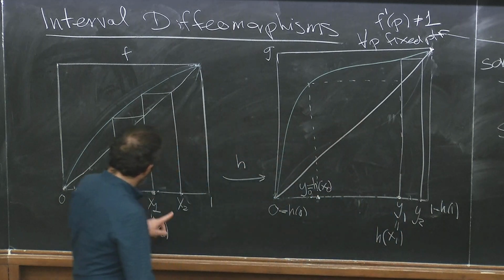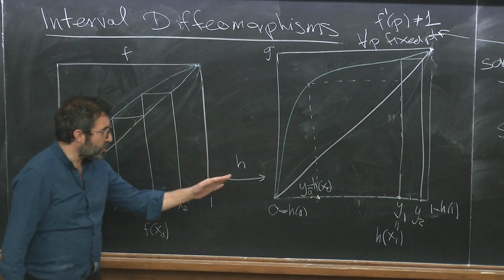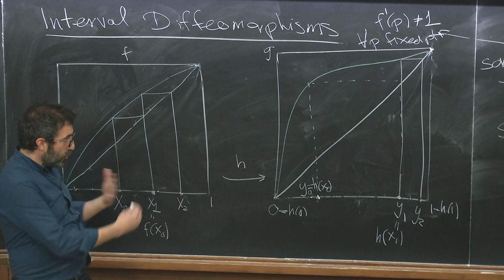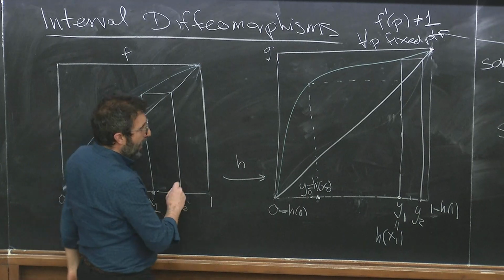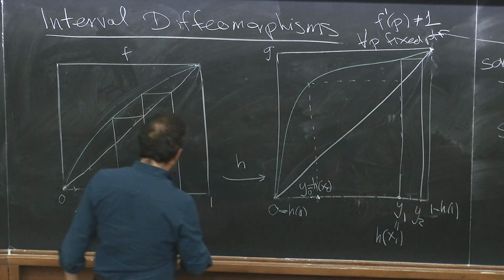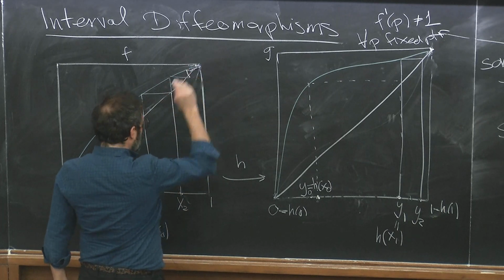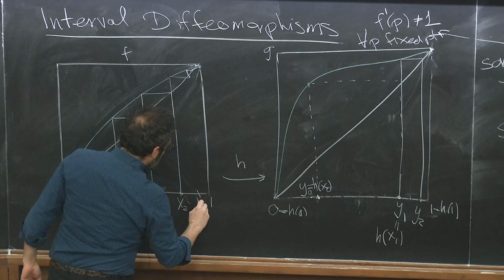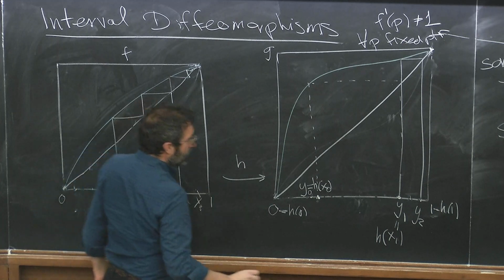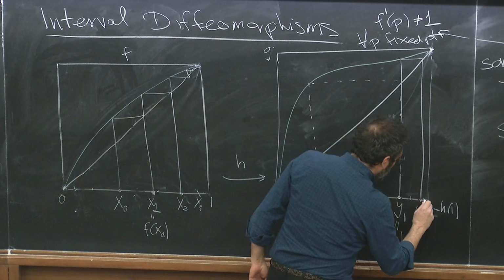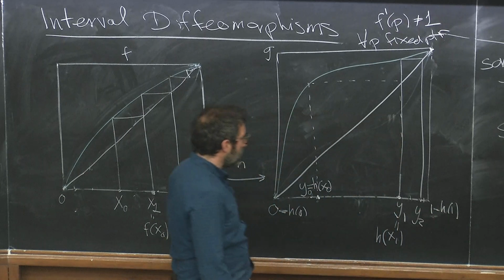And so we know that if H is going to be a conjugacy, it must map x2 to y2, and so on, right? So here we have this infinite sequence of points that is converging. We have x3 and so on, and then we have y2, y3, and so on converging to this.